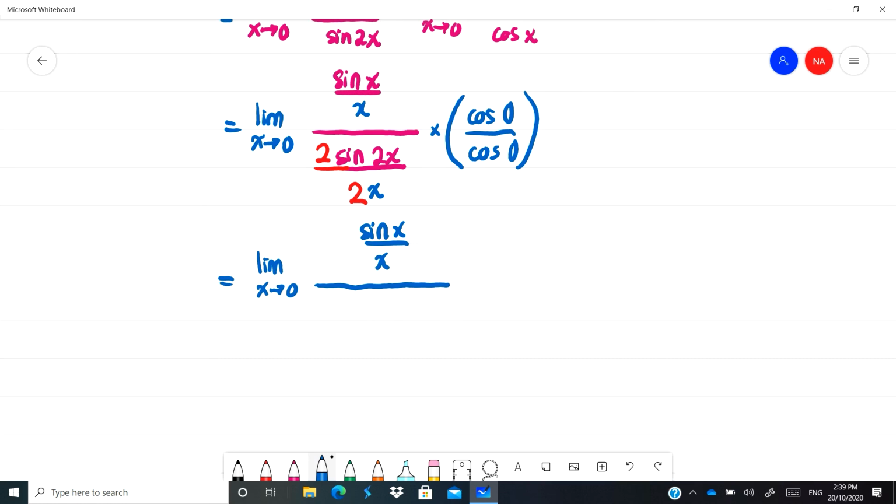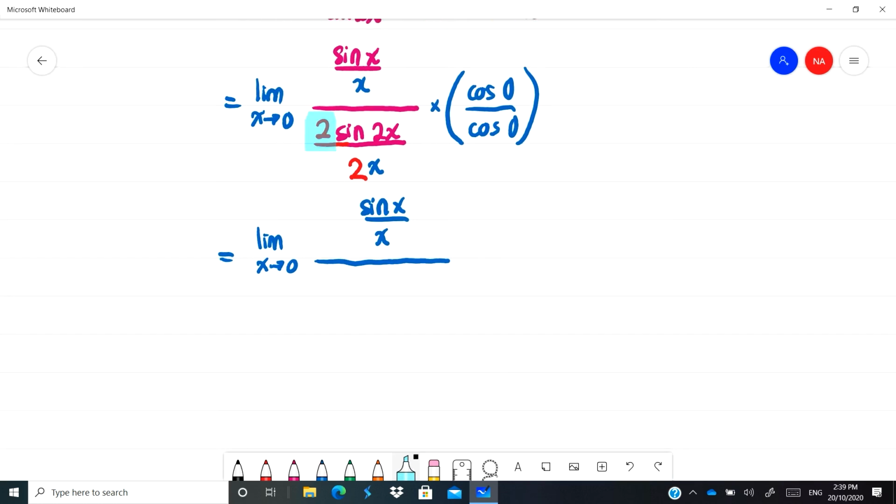At the denominator you can modify, so you put 2 first, and then I'm gonna put sine of 2x over 2x together, that one multiplied by 1.